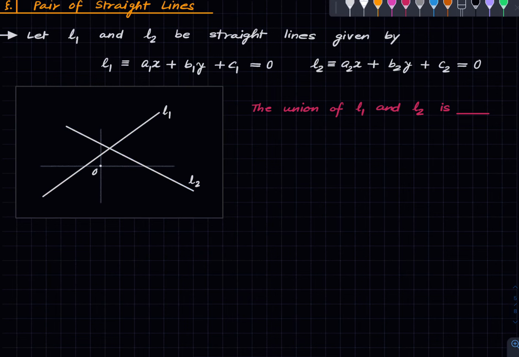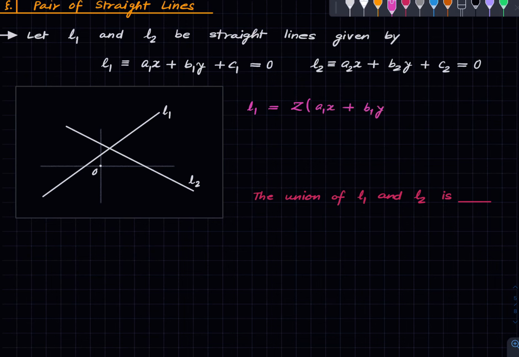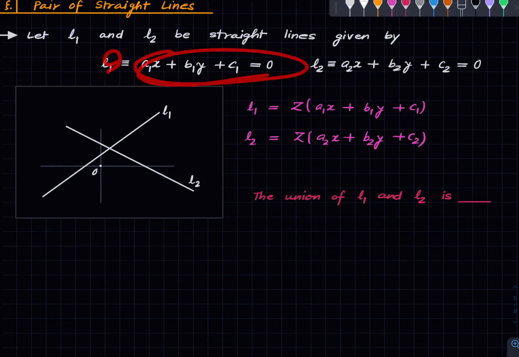Of course we can, because by what we learned, so first of all, before we write down the expression, note that the line L1 is nothing but the 0 set of this expression, right? And L2 is nothing but the 0 set of this guy. That's what it means to say that L1 is this line.